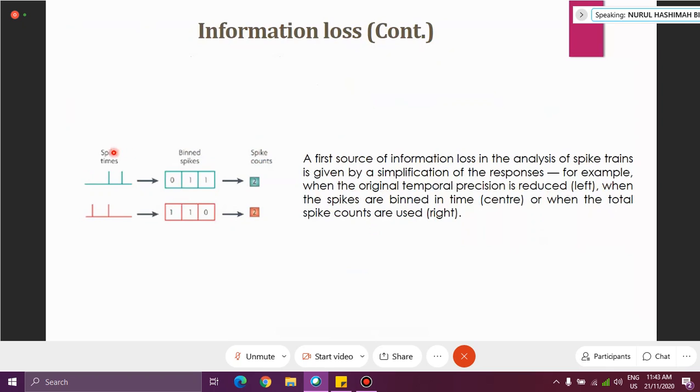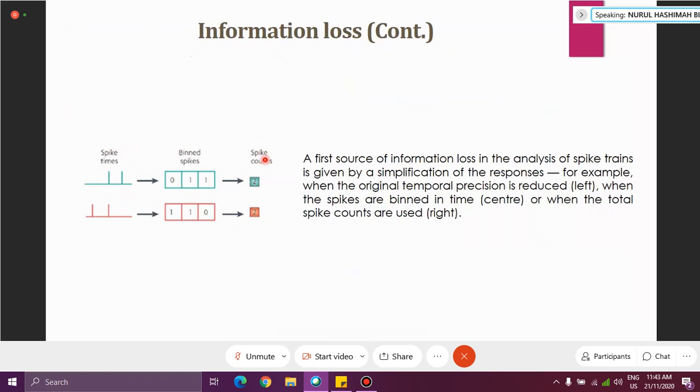So information loss can happen when converting from the original spike plot into this representation, we may have lost some information, and when the spikes are binned in time, we may lose information here as well.